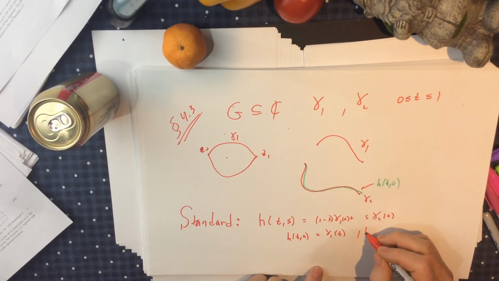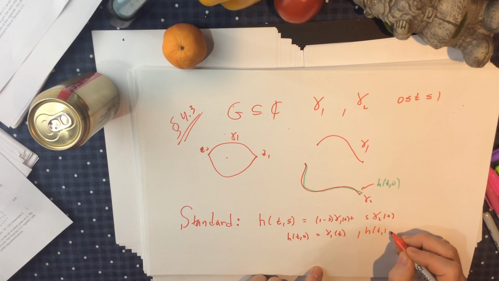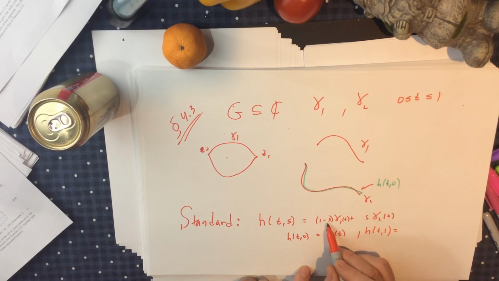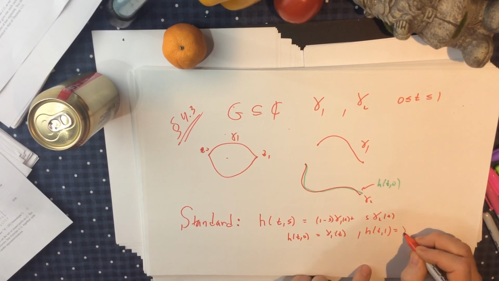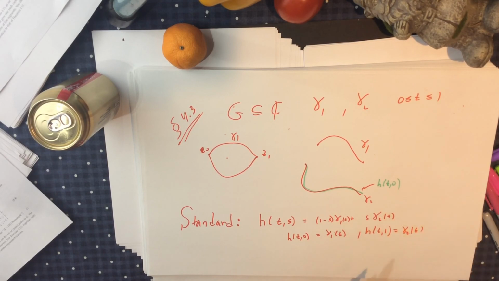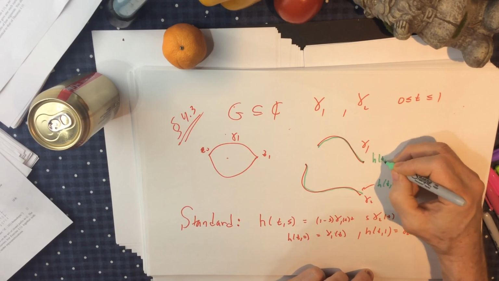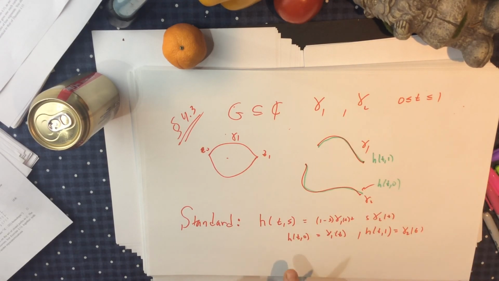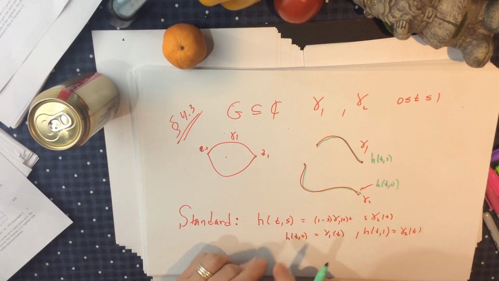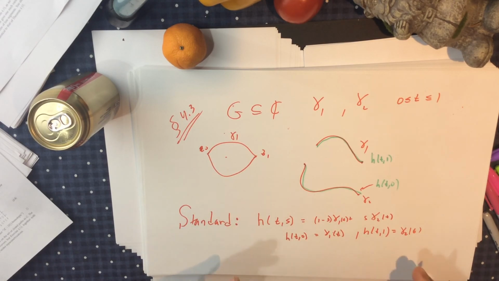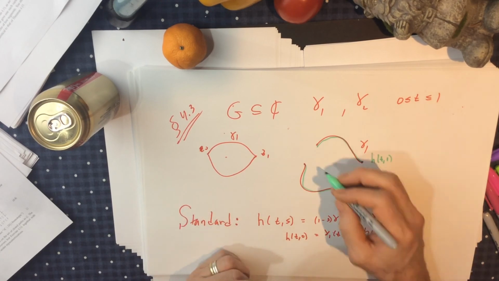And I want you to notice that h of t, 1, well, 1 minus 1 is 0. This is gone. You're now at gamma 2 of t. And so here is h of t, 1. So this function is a surface in 2 variables, and one slice at s equals 0 is gamma 1, one slice at s equals 1 is different. What about all the ones in between?